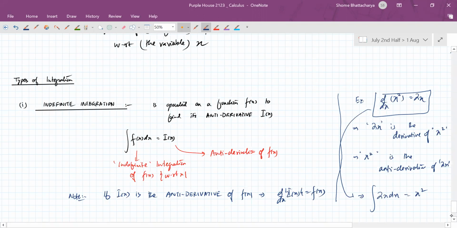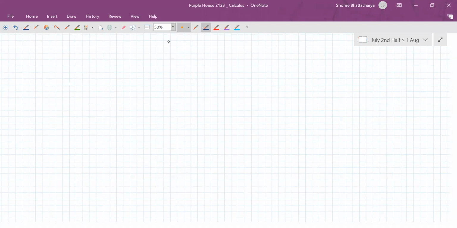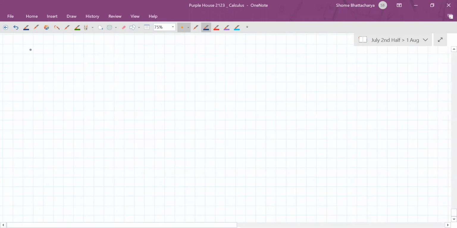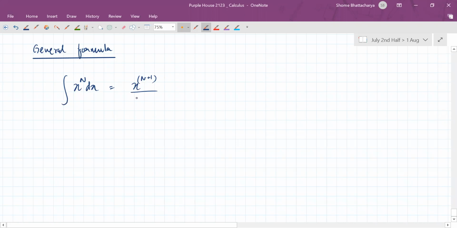Okay. Now see the general formula that we'll get for indefinite integration. Integration of x to the power n, where n is any real number, is given by the formula x to the power n plus 1 divided by n plus 1 plus c.